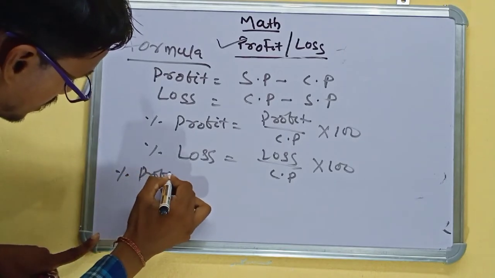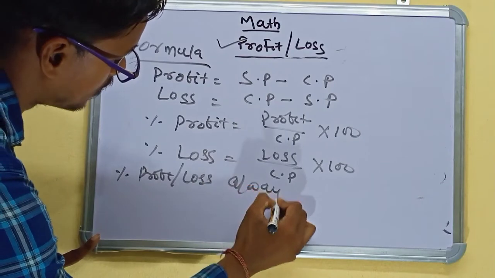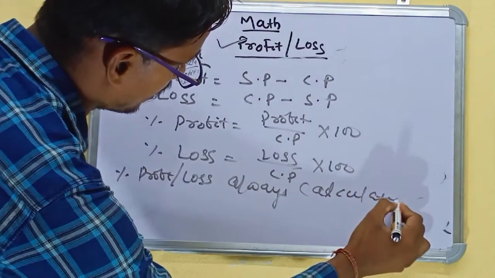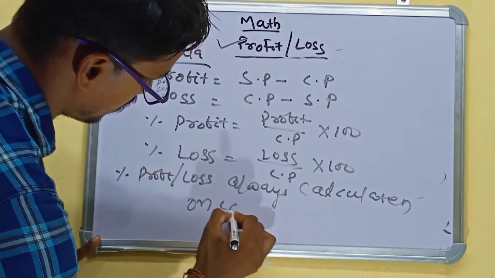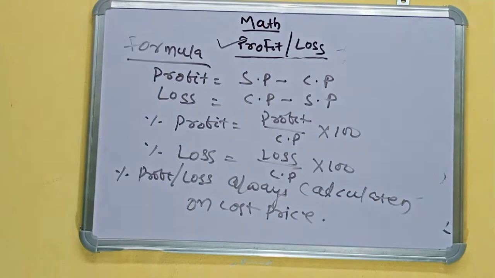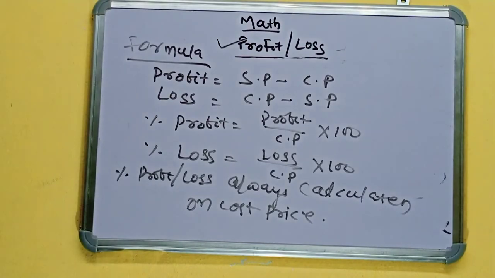Percentage profit or loss is always calculated on cost price. These are the formulas for calculation of profit or loss and percentage of profit or loss.